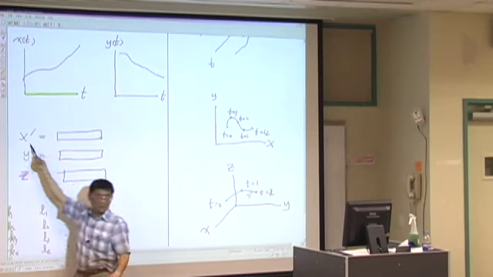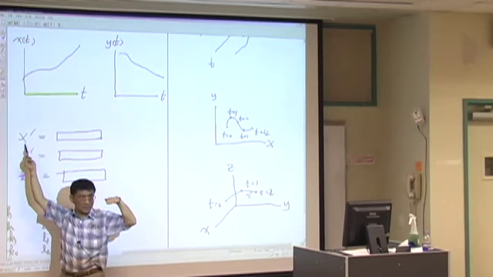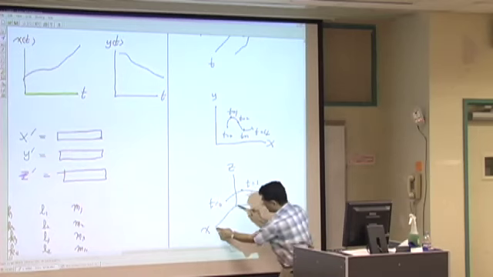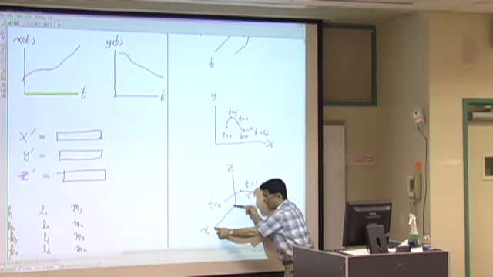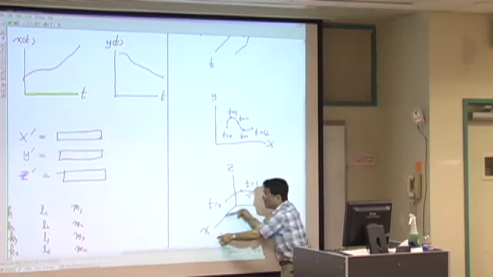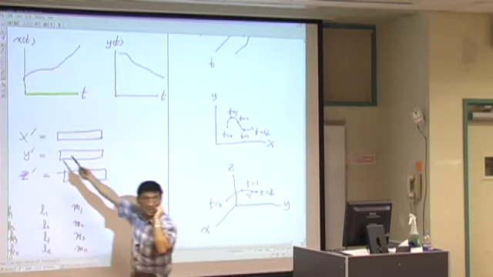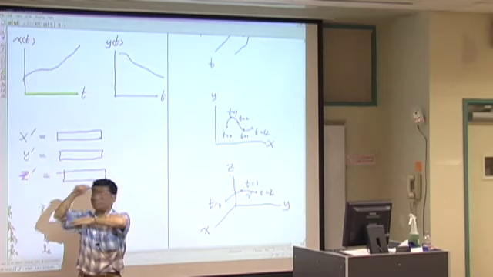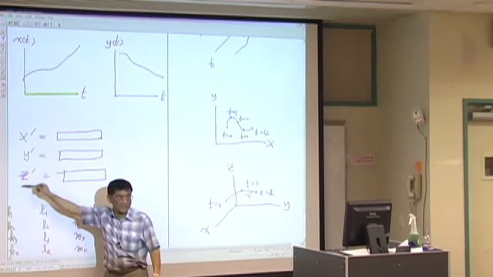This means if we consider the projection of the curve on the x-axis, okay? Projection, then what is the slope? Or above the x-axis, then what is going on? Y-axis also.